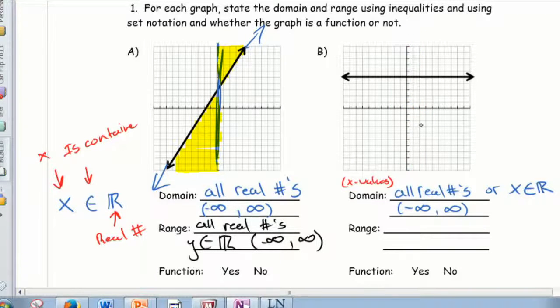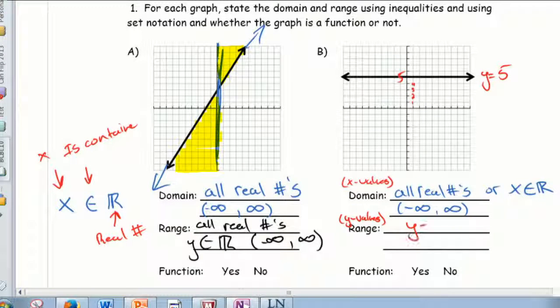Now, there's no numbers written on this, but I can assume each little graduation on my graph is 1. So there's 1, 2, 3, 4. And this is 5. So this is y is equal to 5. So what y value is my graph using? Remember, the range is the y values.